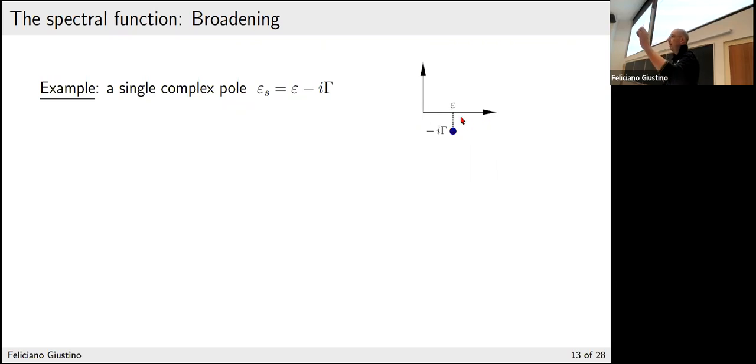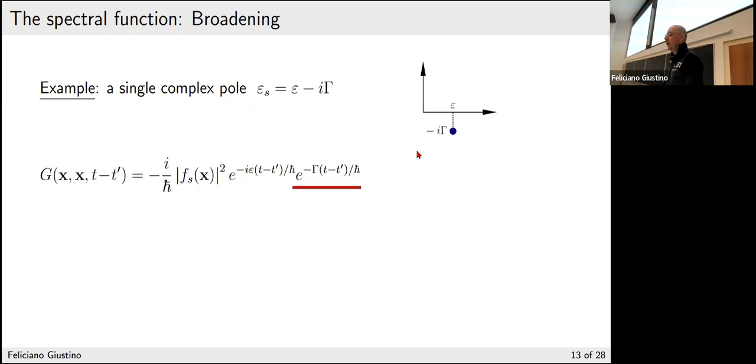So if I replace that in my Green's function expression, basically what I find is some kind of square modulus of the Dyson orbital, and in the exponent, I have exponential minus i times the pole, but the pole has a real part and imaginary part. So the real part goes here, so it's just a fluctuating component. Then the imaginary part here multiplies the imaginary unit in the exponential, it was already there. So I obtain something like exponential minus gamma times the time difference. So this object means that this is a function that decays in time, all right?